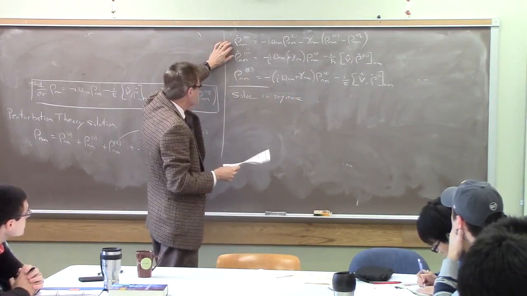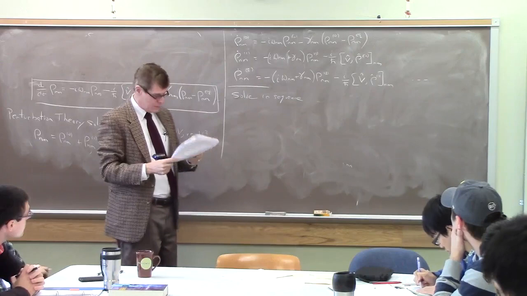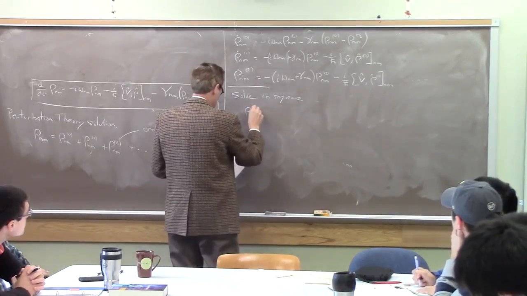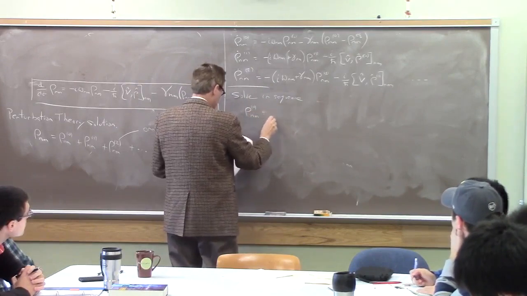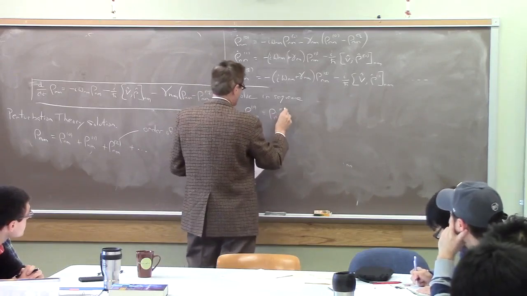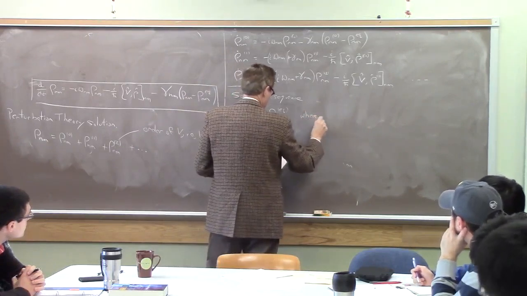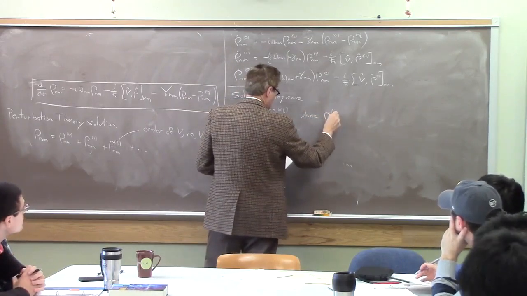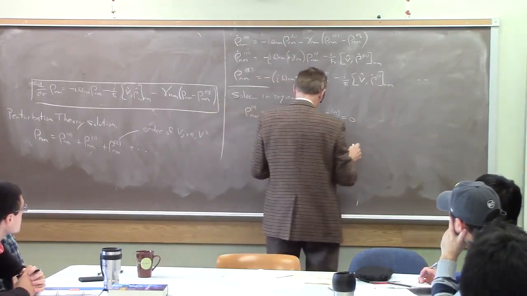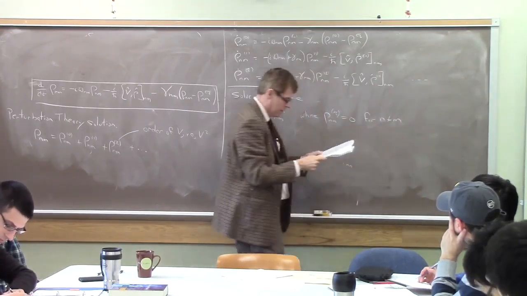So the first one is not really a solve. It's stating your initial conditions. So rho 0 n m is equal to rho n m equilibrium, where rho n m equilibrium is equal to 0 for n not equal to m.